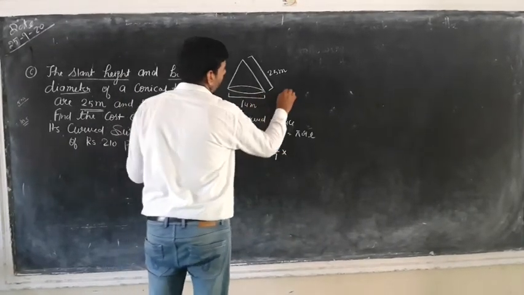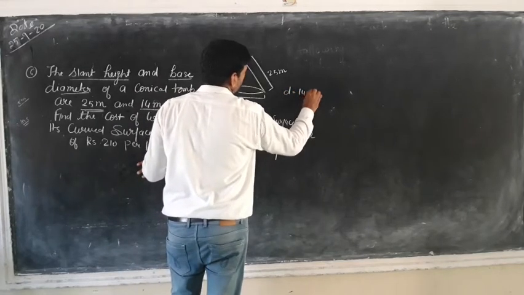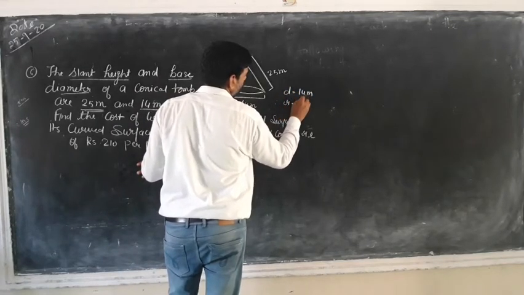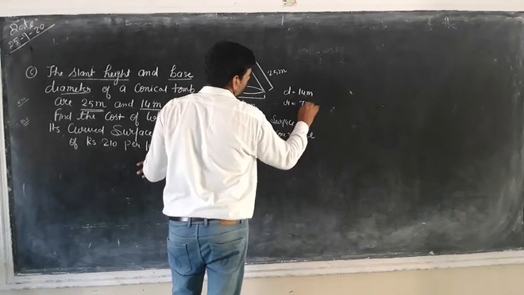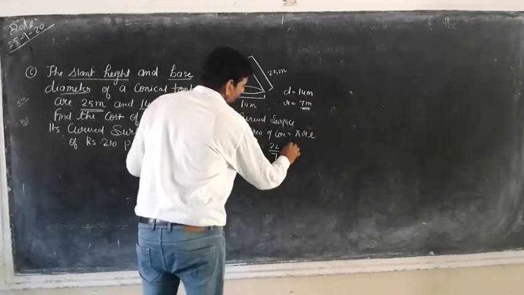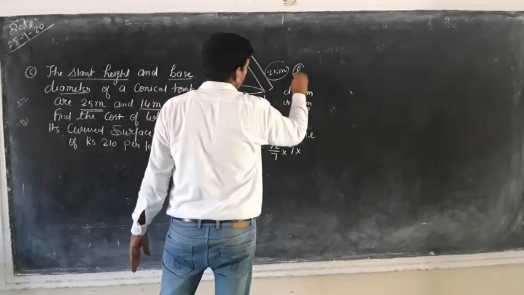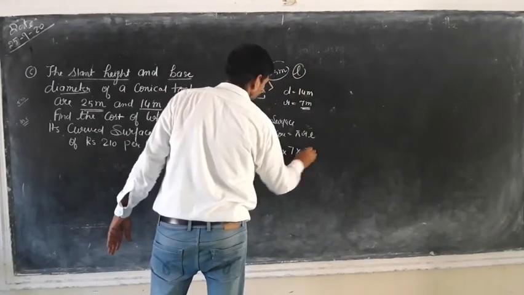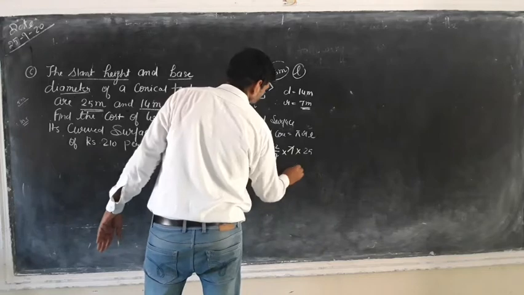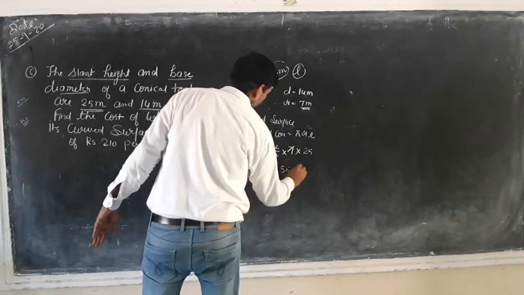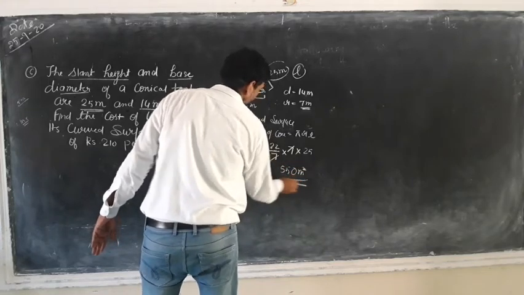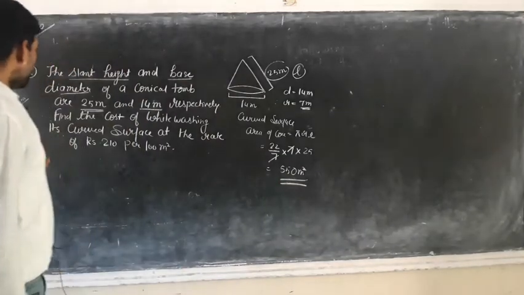The diameter is 14 meter, therefore radius is half of the diameter, which is 7 meter. 7 into l, where slant height is 25 meter. 7 cancels, giving 550 meter square.